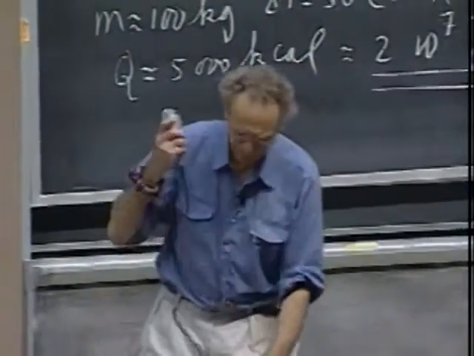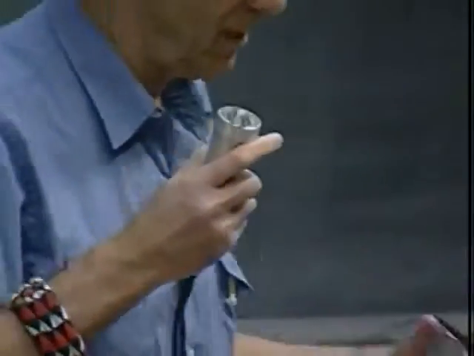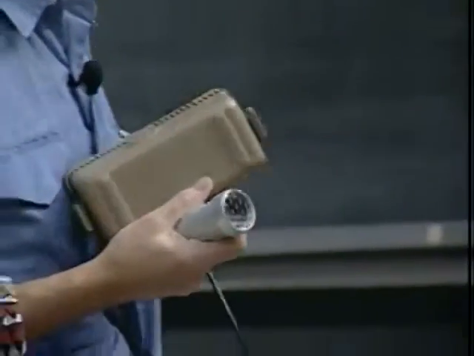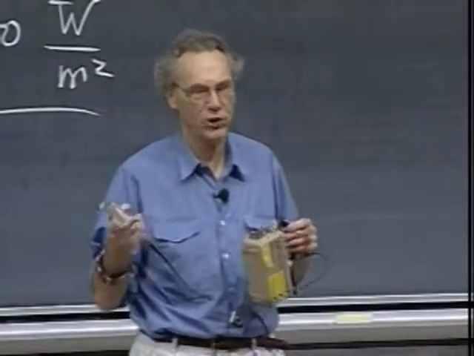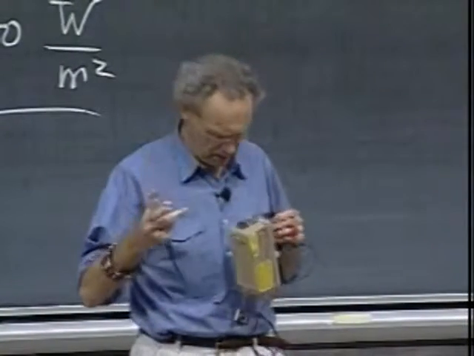Okay. You ready for this? You hear this? This is a Geiger tube. It can measure the gamma rays that the uranium emits when it spontaneously breaks up in pieces and energy is released. We call that fission. You hear a little beep. I'll hold it close to my microphone.